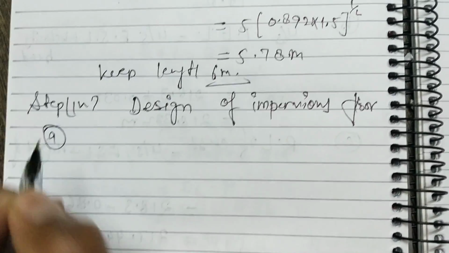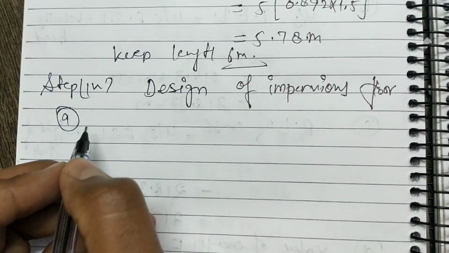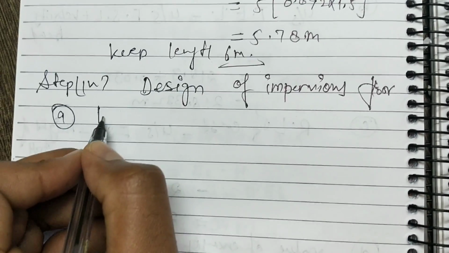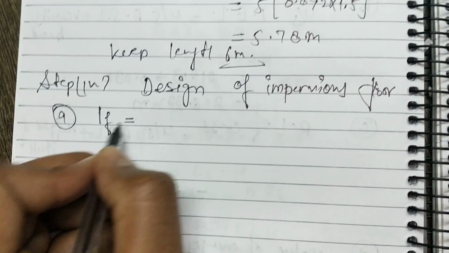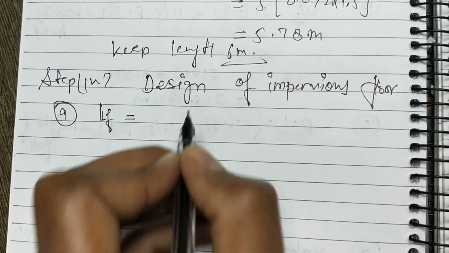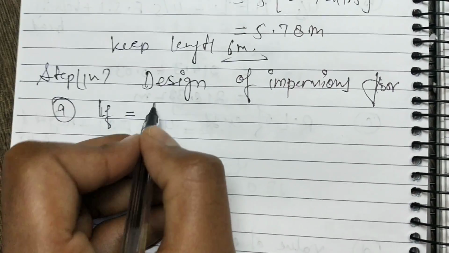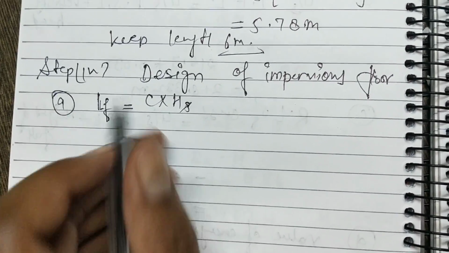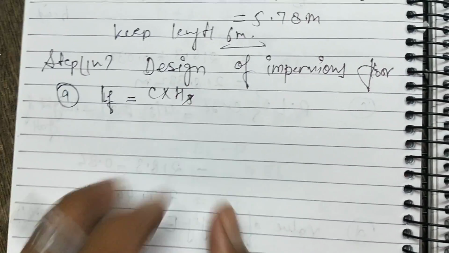So for the design of impervious floor, the A part is the length of impervious floor. Length of impervious floor will be indicated by LF. Length of impervious floor is C into HS. What is C? C is the creep coefficient, which is given in the question, and HS is the seepage head.